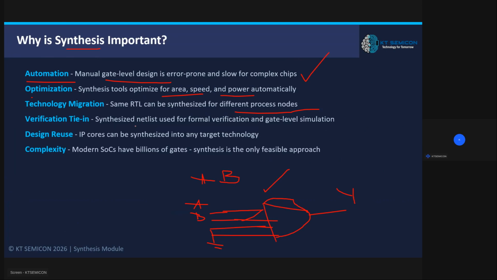The synthesized netlist is used for formal verification and gate-level simulations. For complexity reasons, modern SoCs have billions of gates, so synthesis is the only flexible approach.